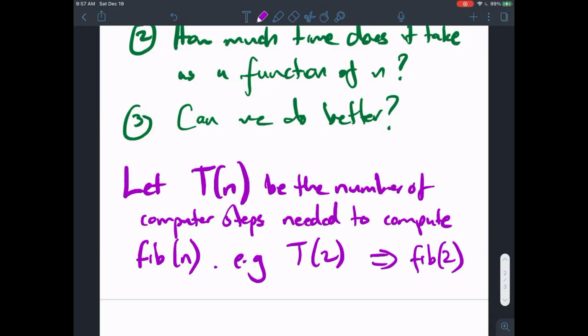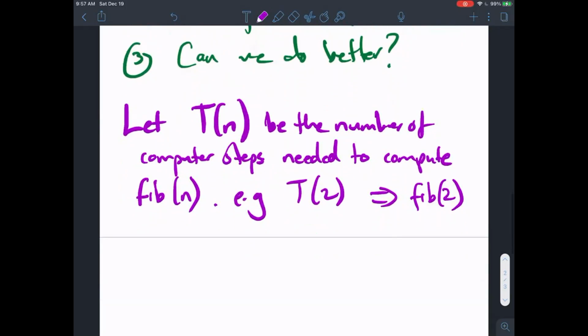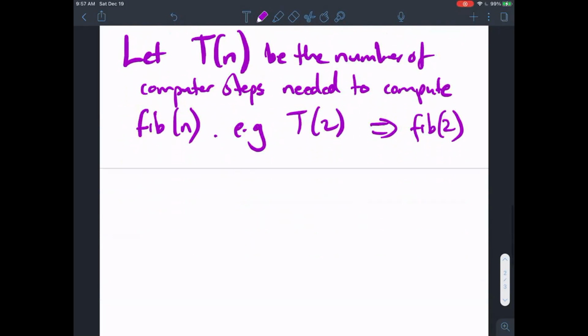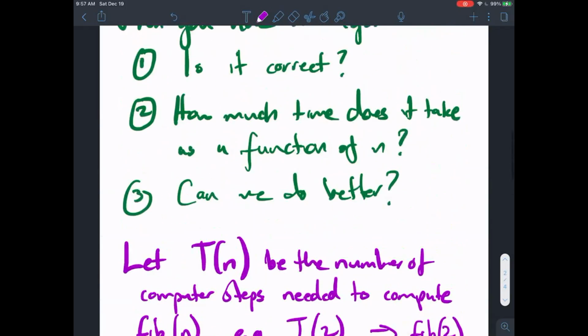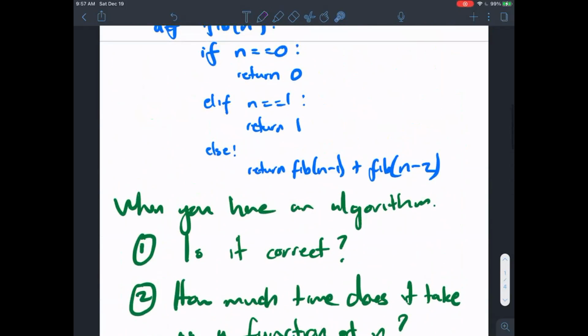Now, how can this T of n be useful to us? So what happens, for example, if n is less than 2? We're only looking at these cases, when n is 0 or 1.